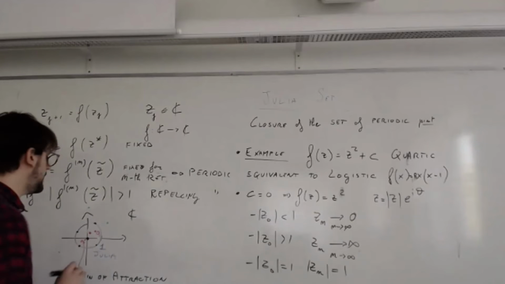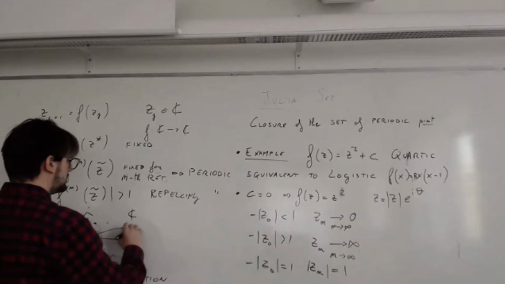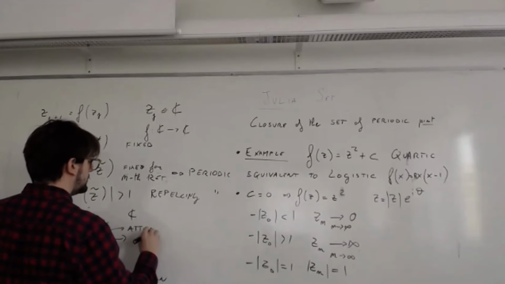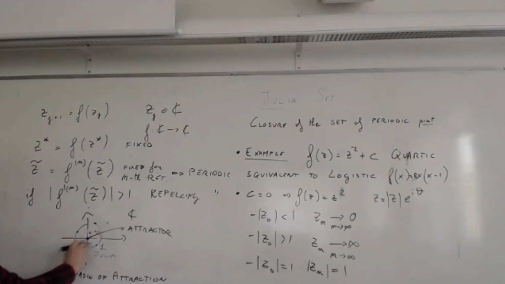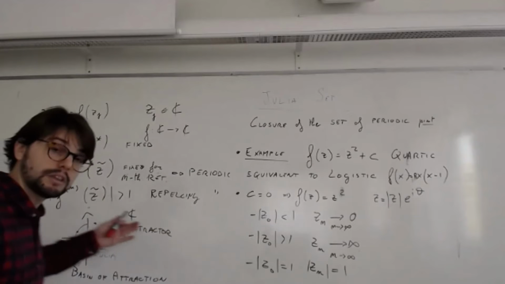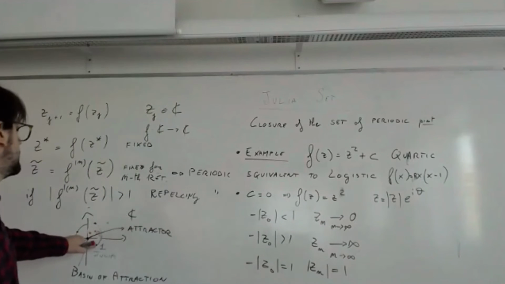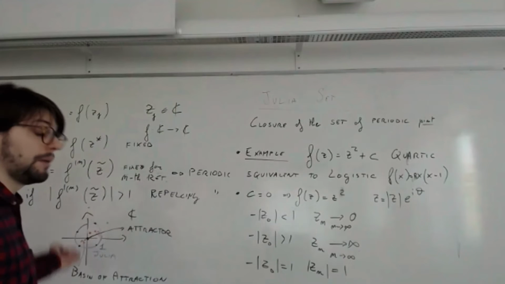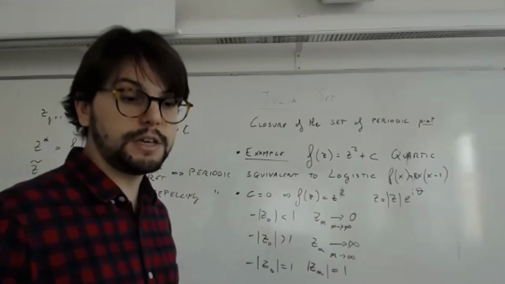Okay? So 0 is called the attractor. The unit circle contains the basin of attraction because inside of the unit circle, your map will go to 0 for n that goes to infinity.